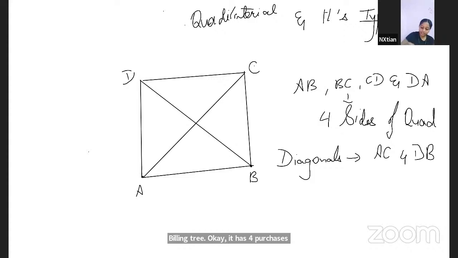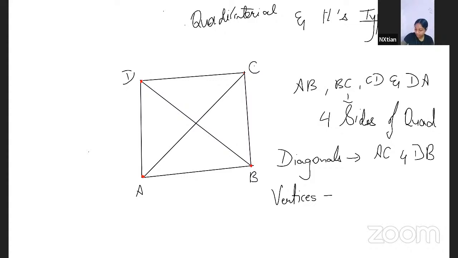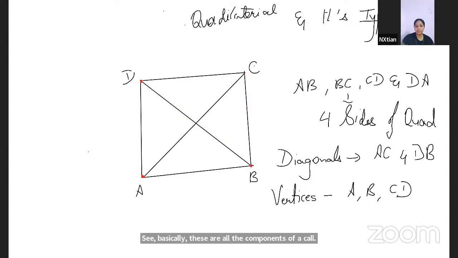It has four vertices. We know what vertices are? The corner points. The vertices are A, B, C, and D. So basically these are all the parts of a quadrilateral.